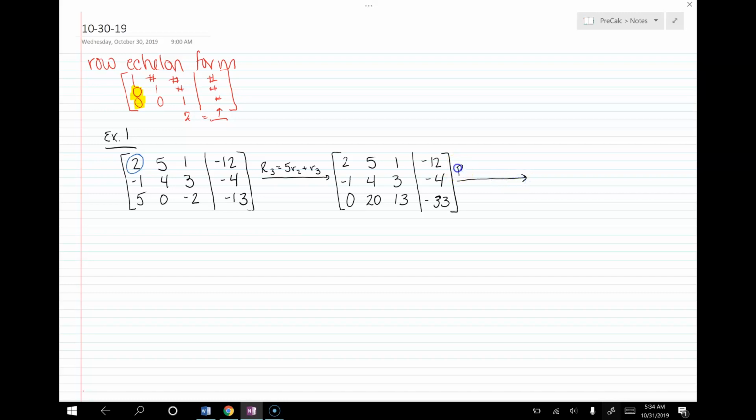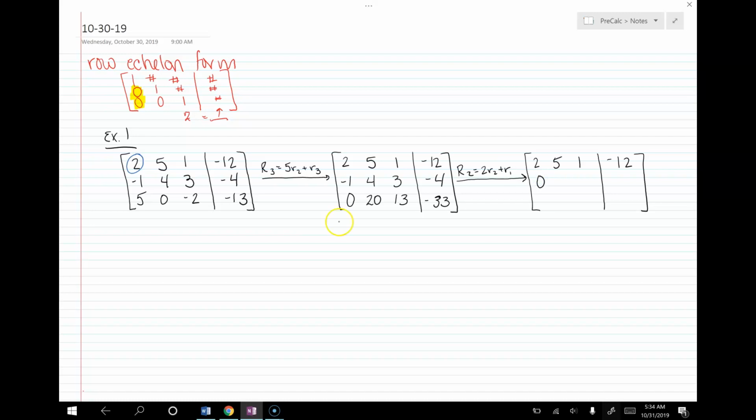I'm going to create a brand new row 2, and I'm going to take 2 times the old row 2 and add it to the old row 1. Now, row 1 isn't changing yet. So we have 2, 5, 1, negative 12. And then 2 times negative 1 is negative 2, plus 2 is going to be 0.